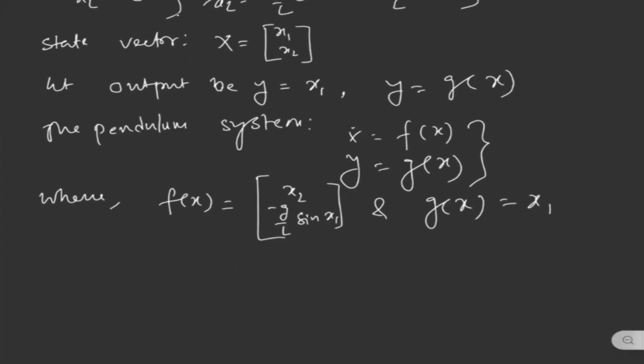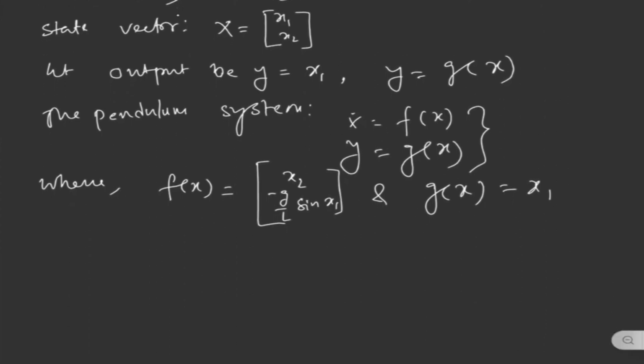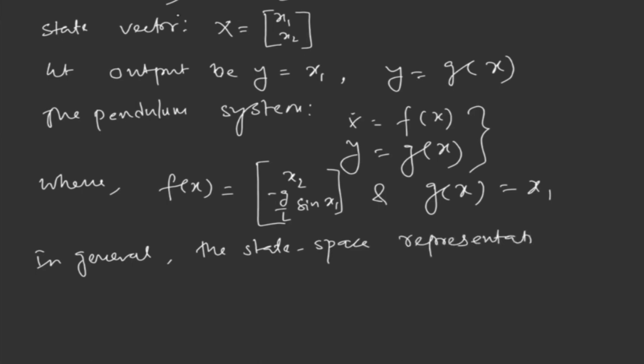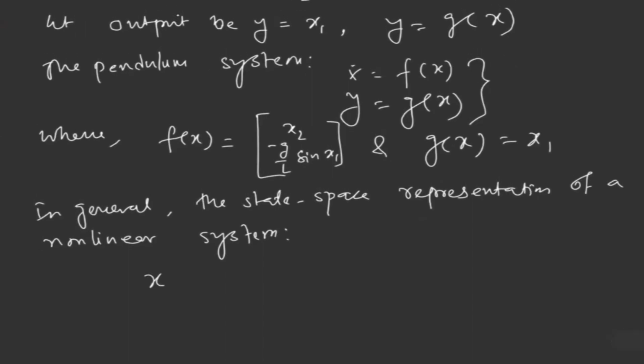Now this is basically for the pendulum system, but in general we can write the state space representation of a nonlinear system as x dot equal to f of x, u and y equal to g of x, u.